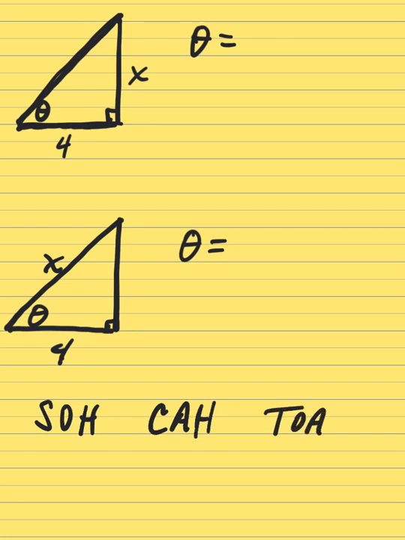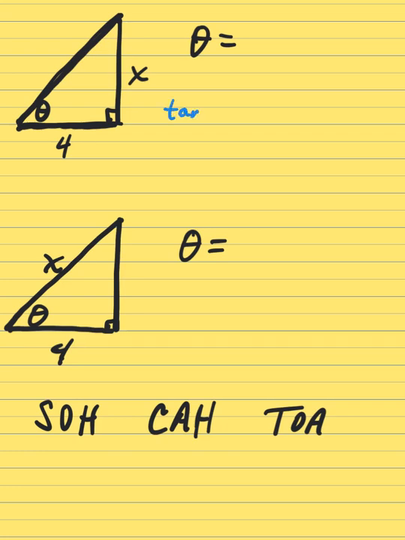From where theta is marked off in the top diagram, x is opposite and 4 is adjacent. So if we're going to use opposite and adjacent, that's tangent. So the way this is built right now, I'm going to do this in blue.